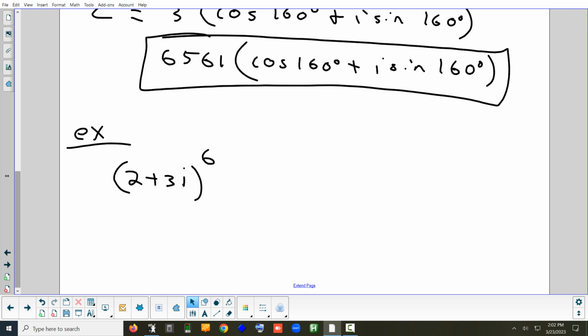Yep. It has no angle, which means it's not in what form? Trigonometric form. This is standard form. So if somebody wants, go ahead and write 2 plus 3i 6 times with 6 sets of parentheses. You start doing that, and we'll be done before you finish. So we have to change this to trig form to make this faster to do. Don't write it out 6 times.